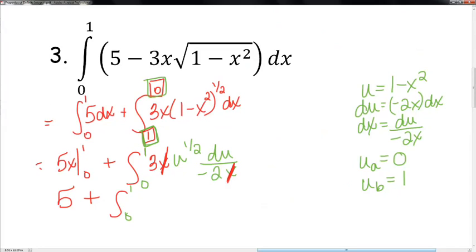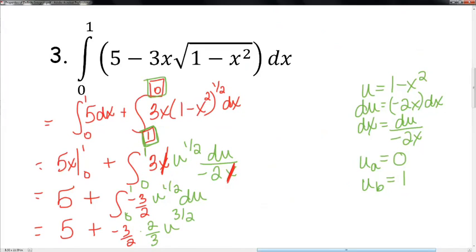I'm going to move my coefficient in front, so this becomes negative 3 over 2 times u to the 1/2 du, which is 5 plus negative 3 over 2 times 2 over 3 u to the 3/2 evaluated from 0 to 1.